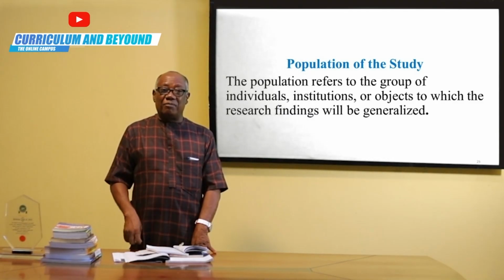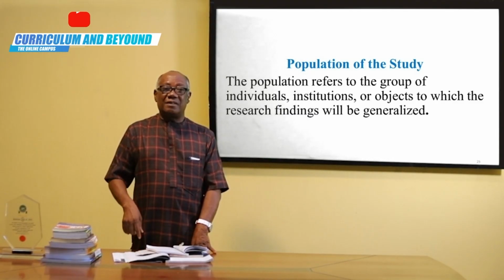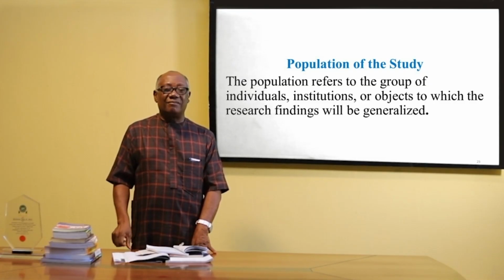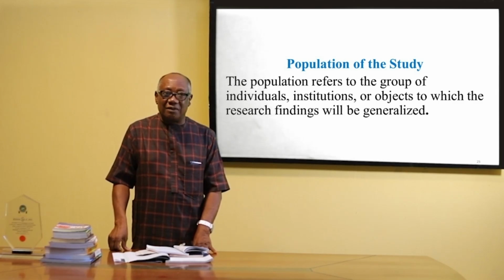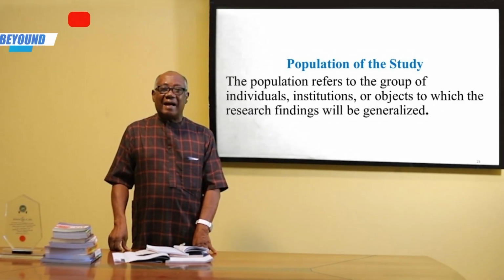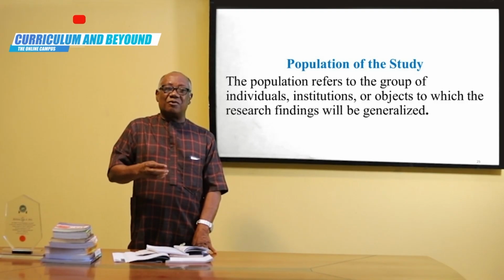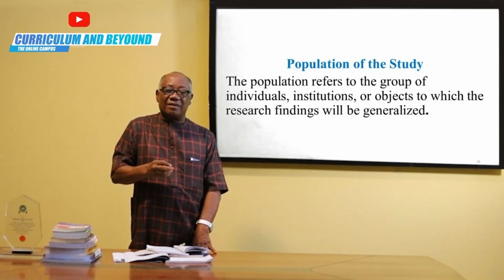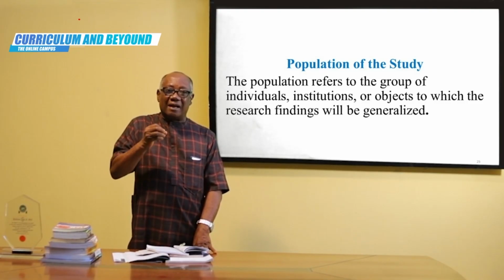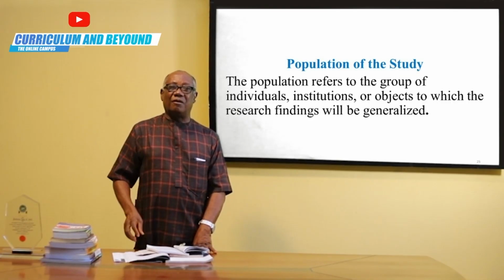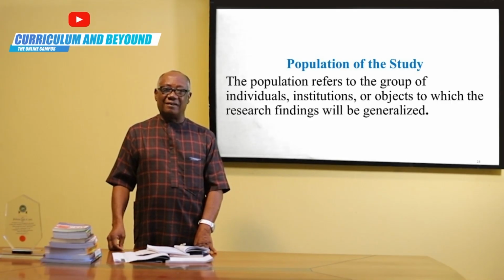Then you justify the population. You say this group of persons, the SS3 students, the JS3 students, are capable of providing information that will let us understand if language is a factor of achievement in the subject we are investigating.